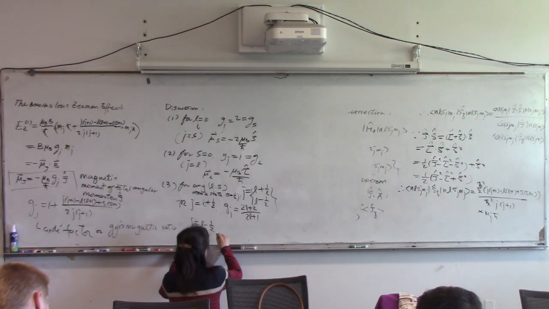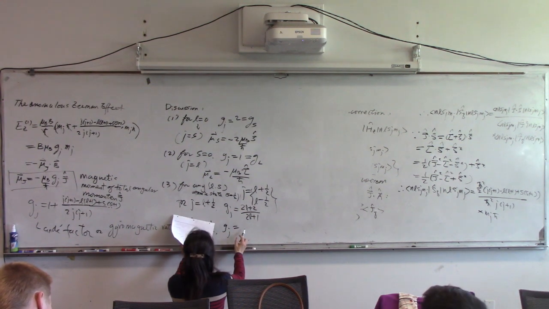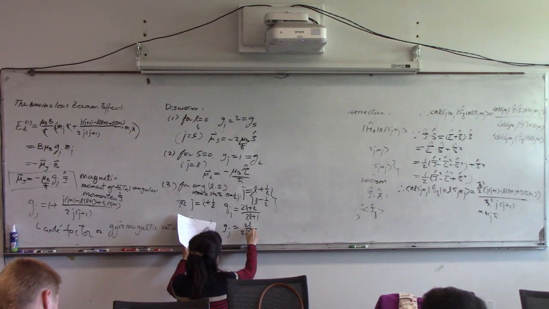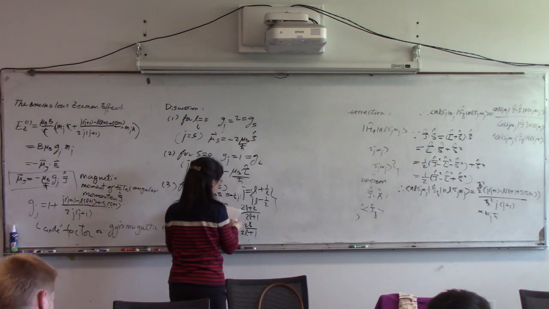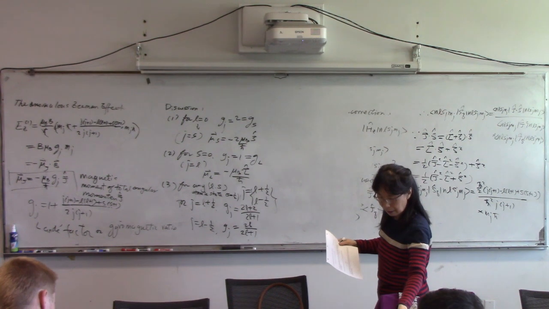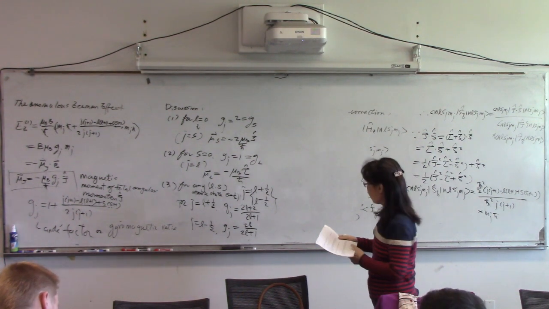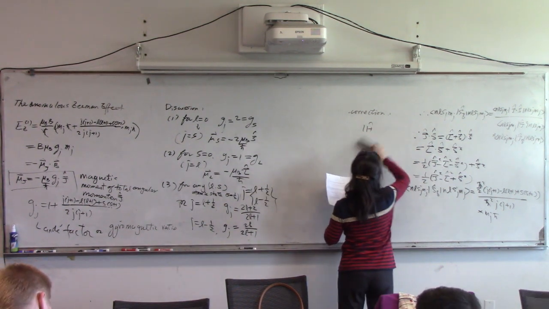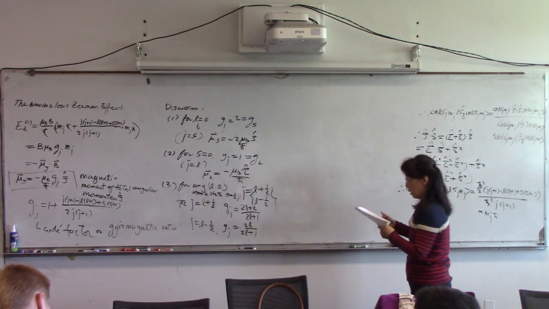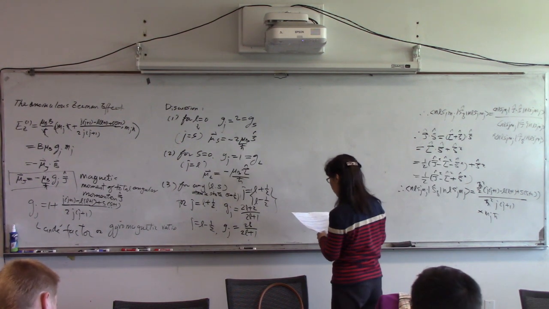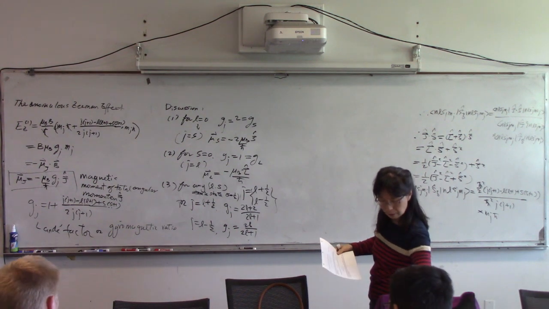Then for this one, g_J is (2L)/(2L+1). So you can see it depends on this J value. We have two values, corresponding to this Landé factor. Okay, that is a discussion for this.